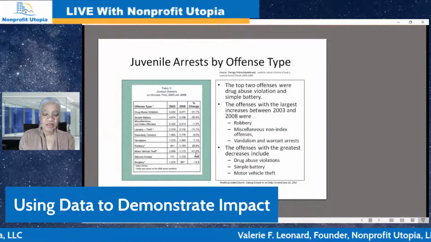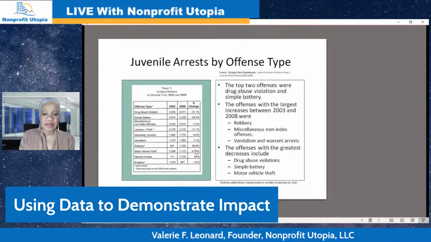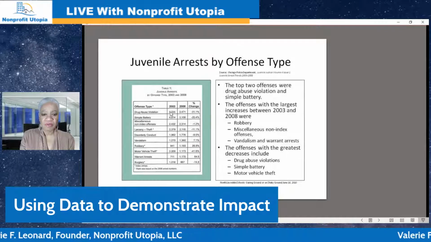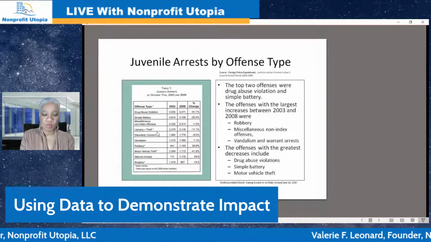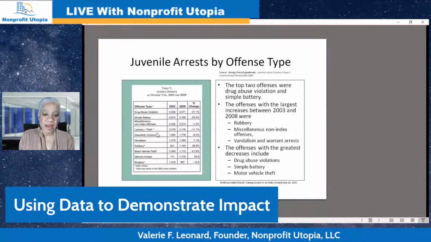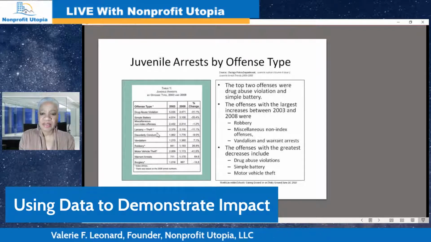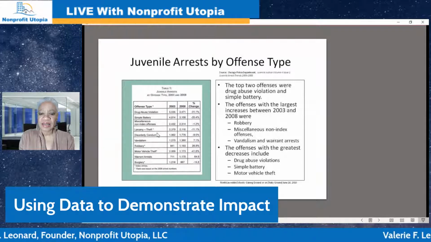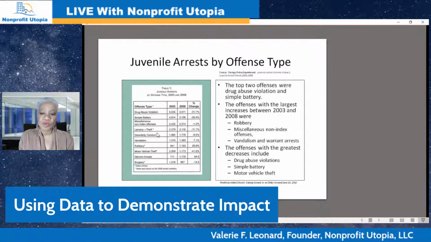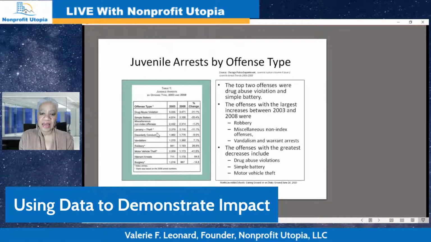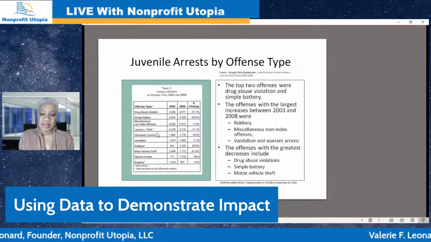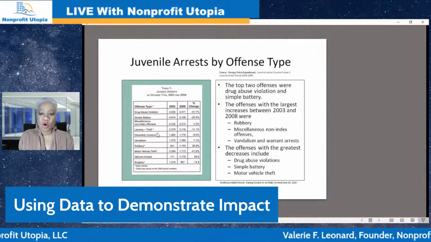And then this chart here gives us a list of all of the different types of arrests, right? What is it that they were arrested for? Was it drug abuse? Was it simple battery? All right. So the top two offenses were drug abuse violation and simple battery. And the offenses with the largest increases between 2003 and 2008 were robbery, miscellaneous non-index offenses, vandalism, and warrant arrest.